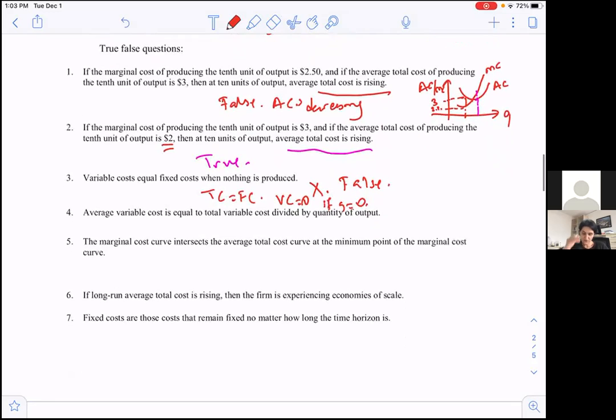Okay. Average variable cost is equal to total variable cost divided by quantity of output. Yeah, average variable cost is equal to total variable cost divided by the quantity of output. Okay, so AVC equals variable cost divided by Q. True.